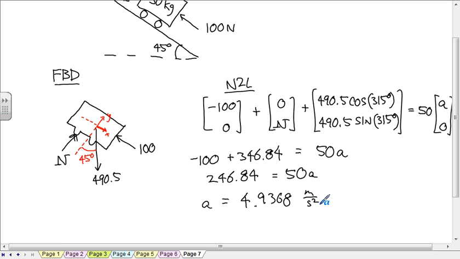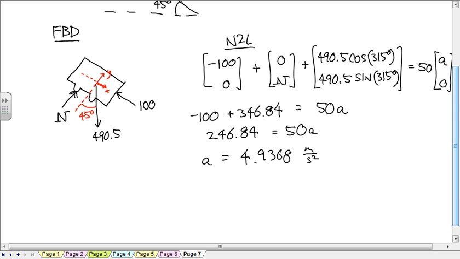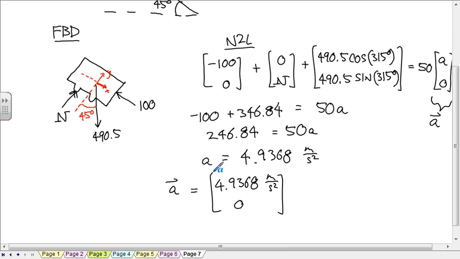Okay, so that's the value of the variable. This is the acceleration vector. And so now just plug that variable value back into the vector, and you get an acceleration vector of 4.936, 0. Okay?